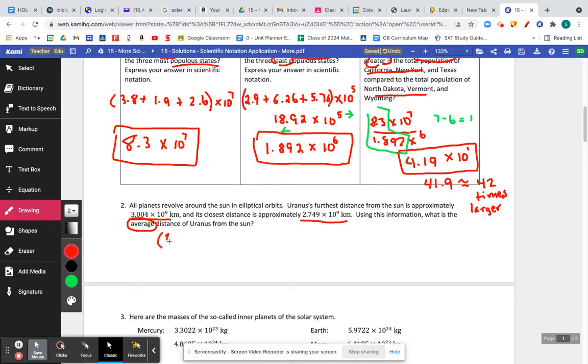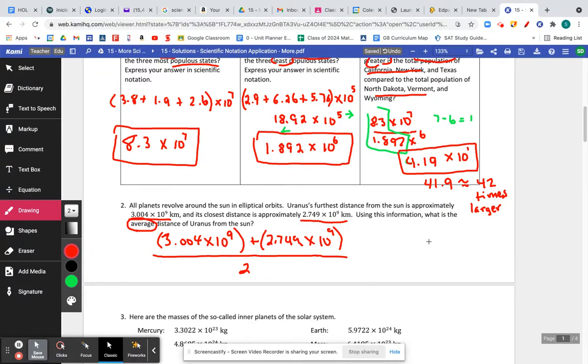So our strategy here is we're going to go 3.004 times 10 to the 9, add that to 2.749 times 10 to the 9, and then we're going to divide that by 2, just the number 2. Okay, so let's get the addition first. When we add, we don't need to do anything to the power.